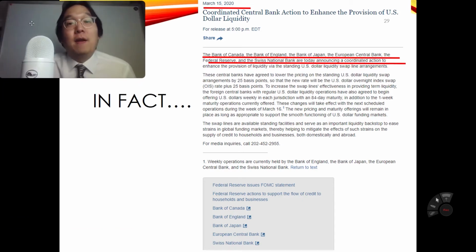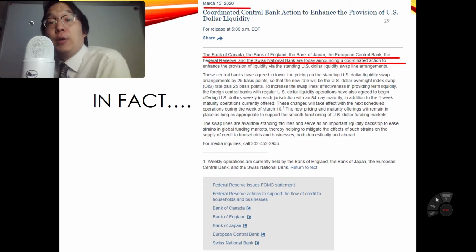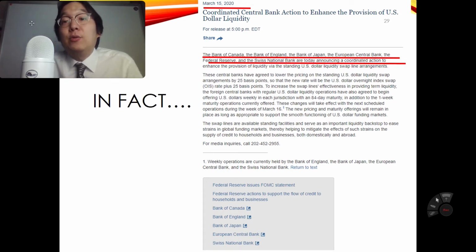Here you see the Bank of Canada, Banque du Canada, and Bank of England, Bank of Japan, konnichiwa, and the European Central Bank, and then the Federal Reserve and the Swiss National Bank are today announcing a coordinated action to enhance the provision of liquidity via the standing US dollar liquidity swap line arrangements.